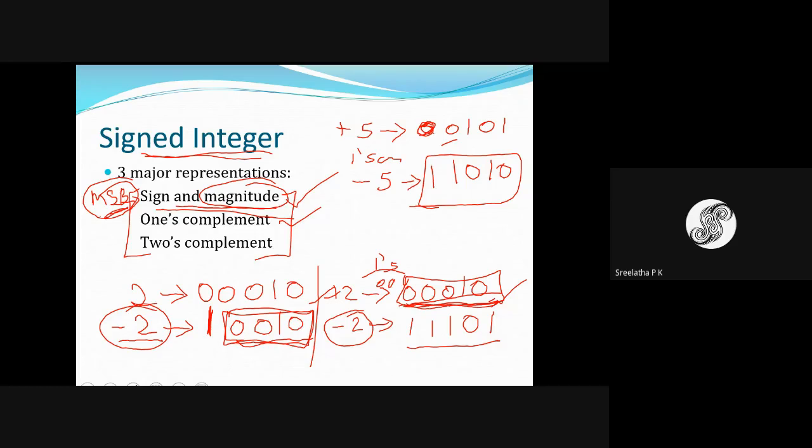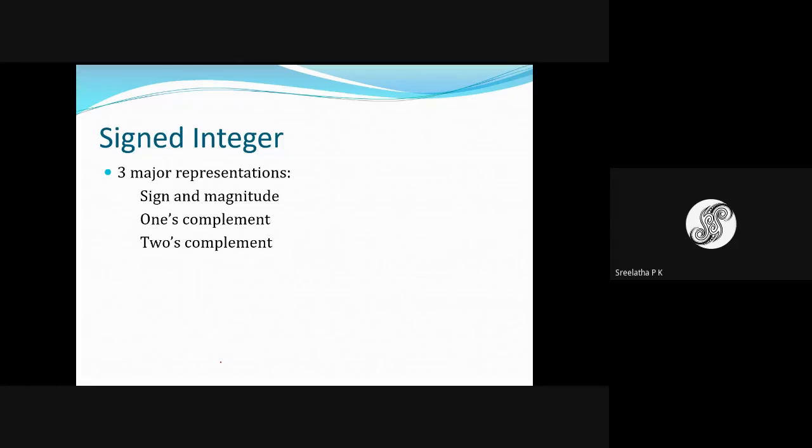Okay. Now coming to 2's complement. I think that all of you know how to find the 2's complement of a bit pattern. Suppose I take plus 2, it is 00010, correct? So how do you find the 2's complement of it?